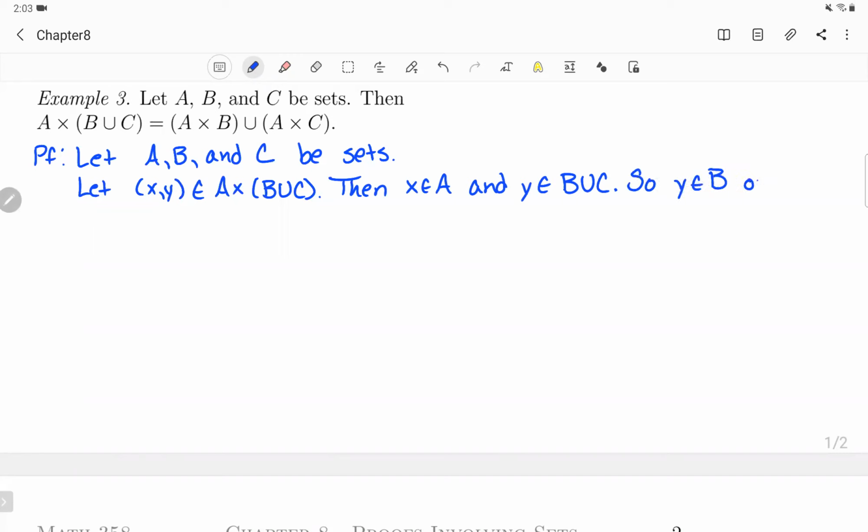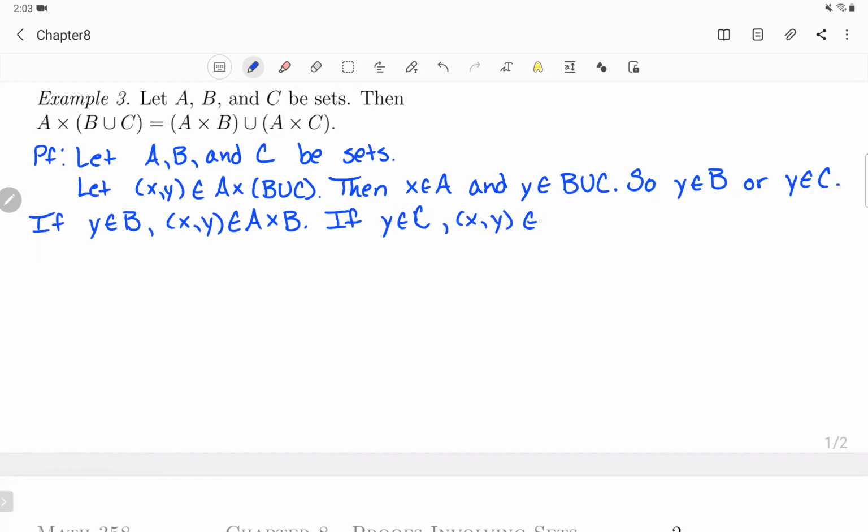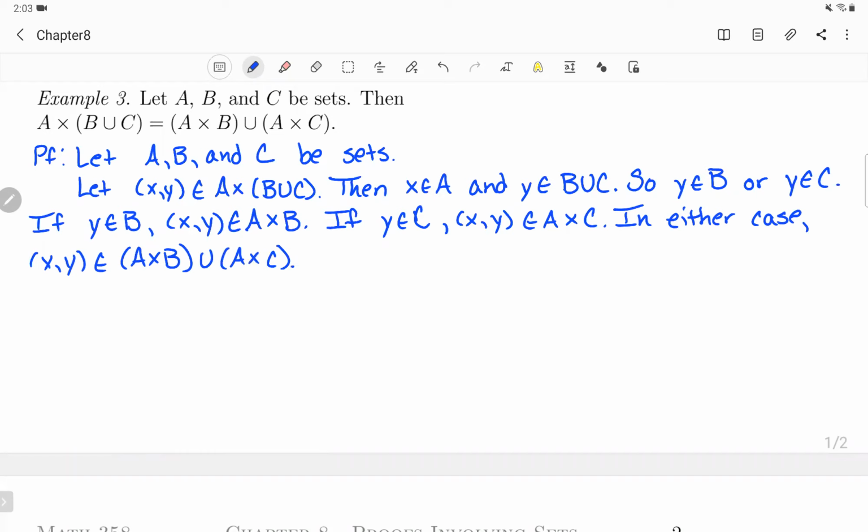So y is in B or y is in C. If y is in B, (x, y) is in A × B. If y is in C, (x, y) is in A × C. In either case, (x, y) is in (A × B) ∪ (A × C), right? Because either it's in A × B or it's in A × C.